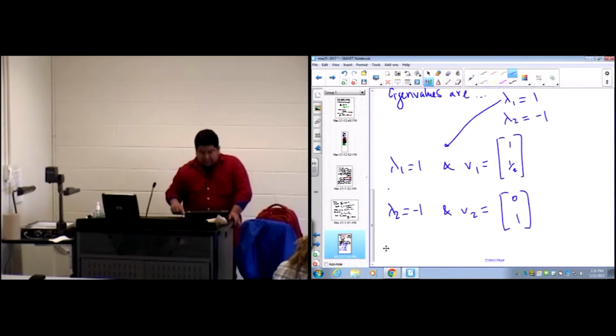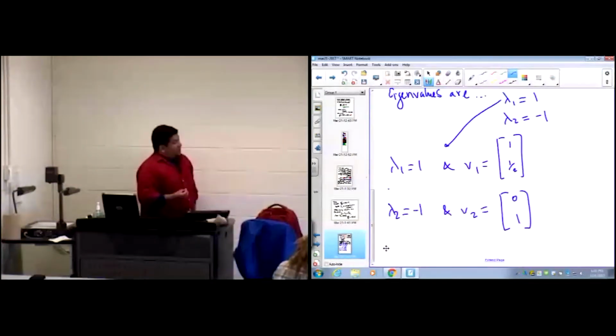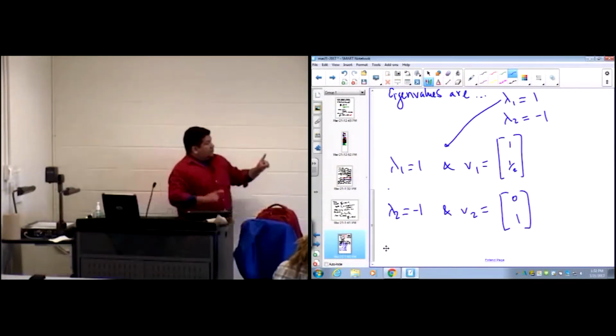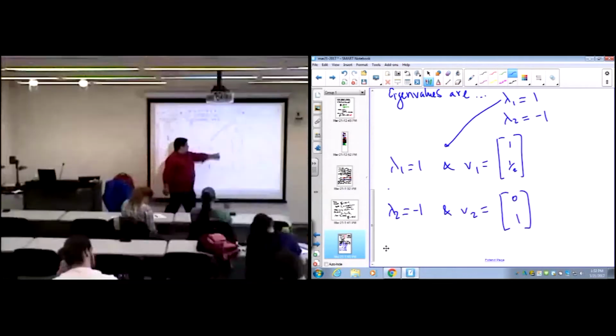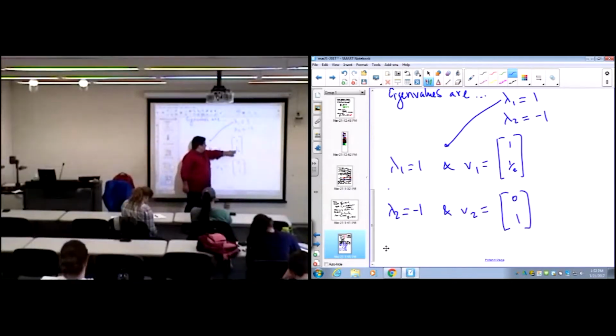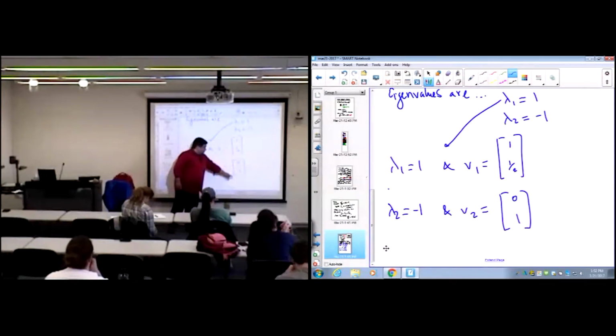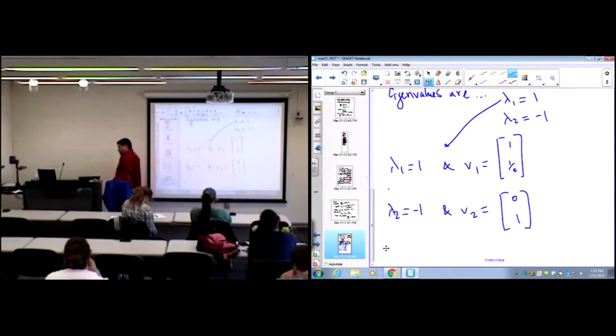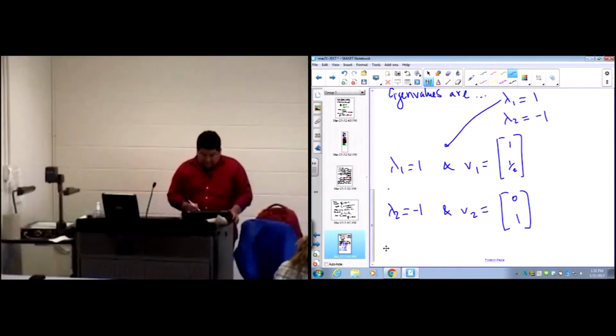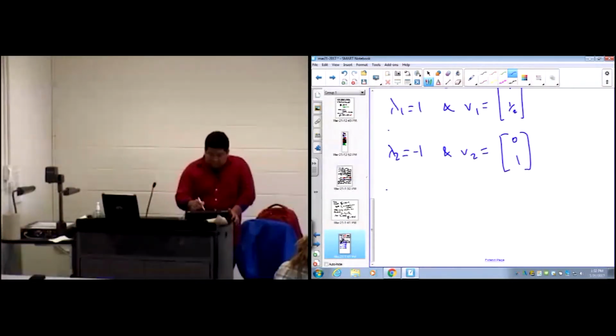And I can now write the solution of the homogeneous problem. In this case, the imaginary parts of the eigenvalues are 0. So this is 1 plus 0i, and then minus 1 plus 0i.